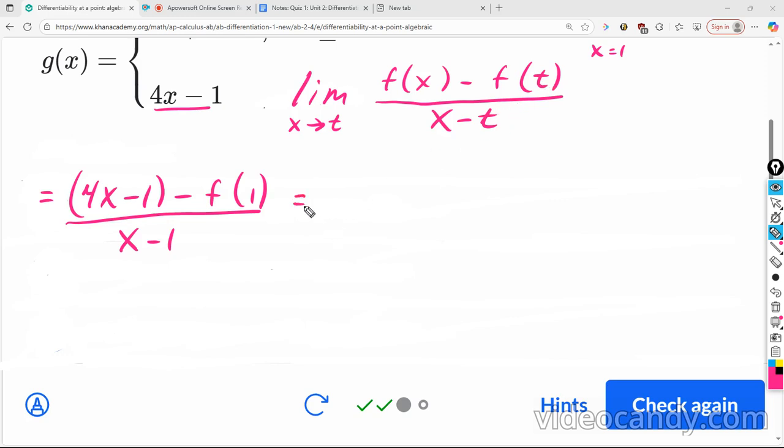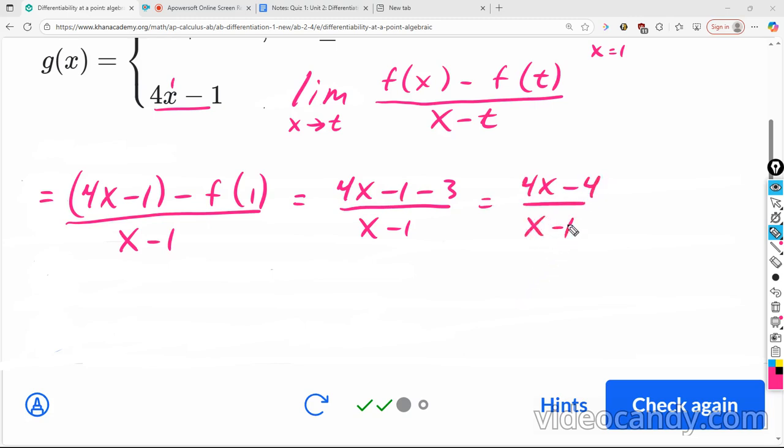So we have 4x minus 1, and we did f of 1 at the beginning. When you plug in 1 here, it was 4 times 1, which is 4, minus 1, that's 3. So it's going to be minus 3 over x minus 1, and that equals 4x minus 4 over x minus 1. If we did the limit as x approaches 1 at this point, it wouldn't work. It would just be 0 over 0. So we have to factor this.